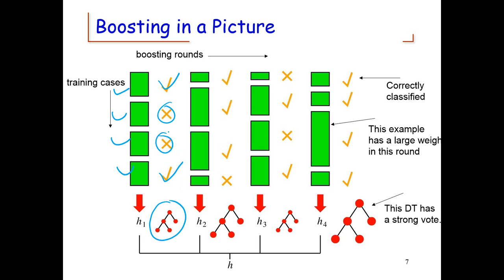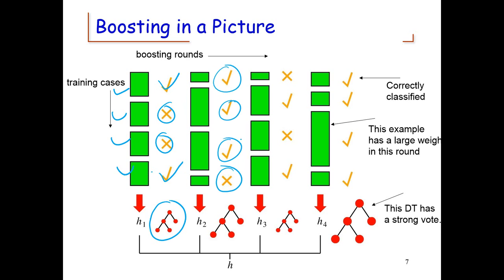Now the point here is that in the next decision tree we will give higher weight to the wrong predictions. When we gave higher weight to the wrong predictions and relatively lower weight to the correct predictions, we got three right: first one right, second one right, third one right. But the last one, which was correct in the previous decision tree, is now wrong.